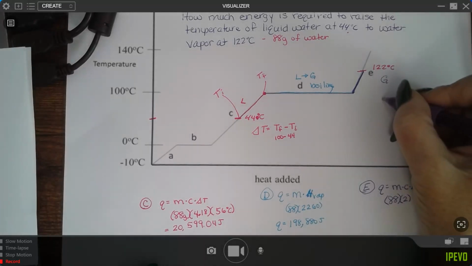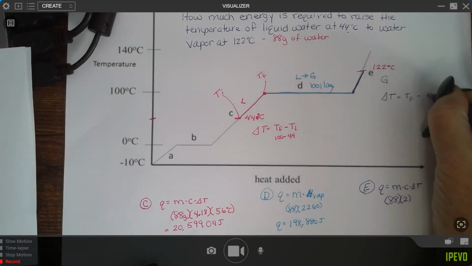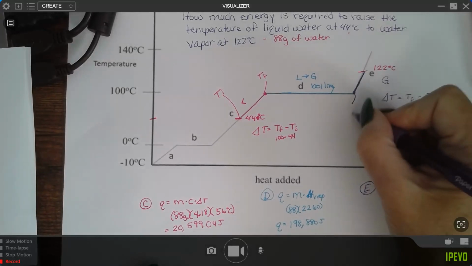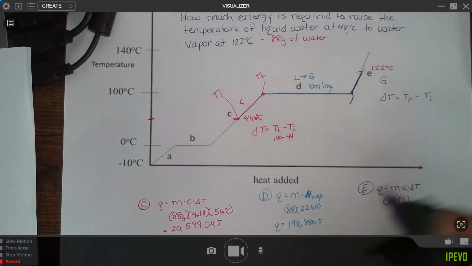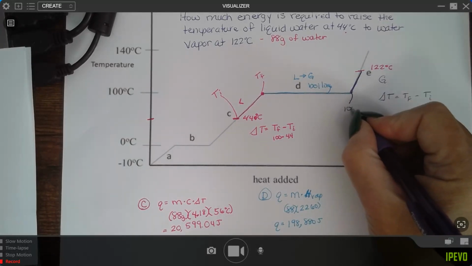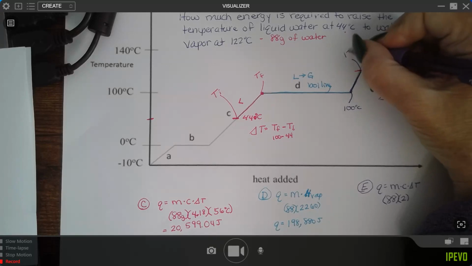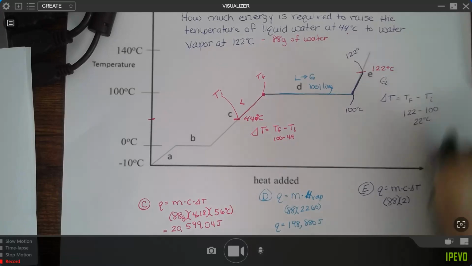For this segment, delta T is T final minus T initial. The initial temperature is 100 degrees, and our T final is up at the top, 122 degrees. So our delta T is 122 minus 100, or 22 degrees Celsius.